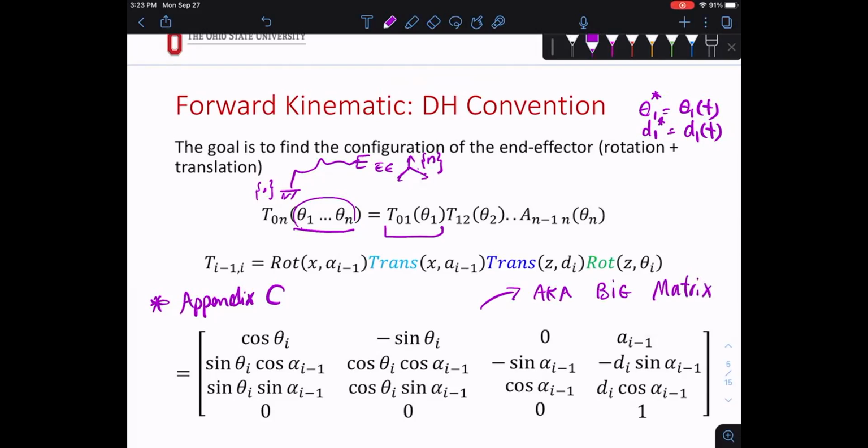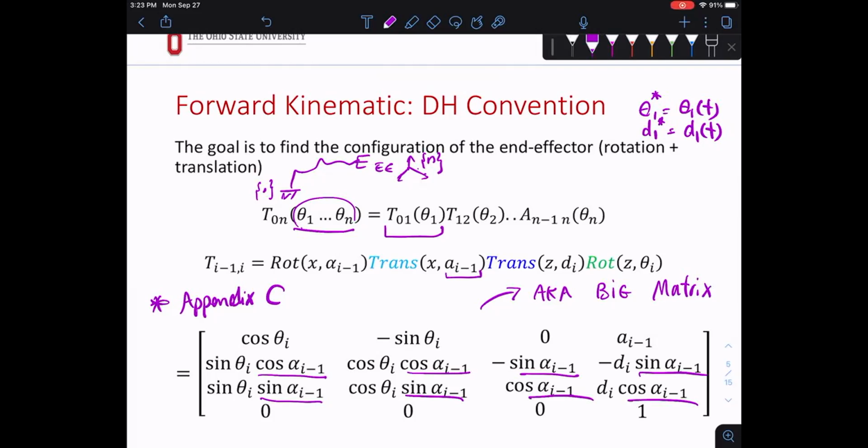Now, when we look at this, we said that T i minus 1 to i is a rotation along axis X, for angle alpha i minus 1. Look at here. We have alpha i minus 1. So once we have what alpha i minus 1 is, these are all going to be values. All right. What else? The translation about x-axis for a i minus 1.